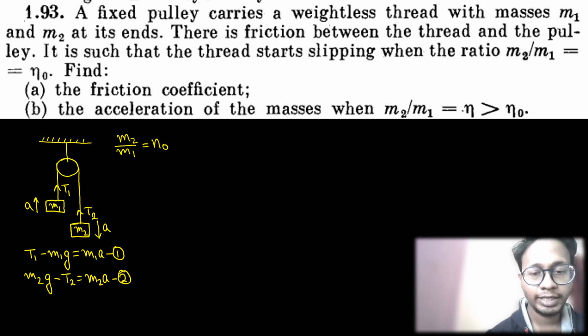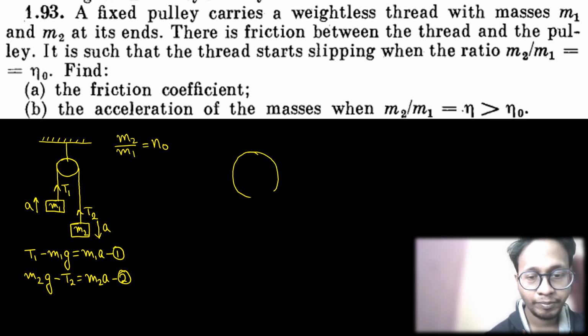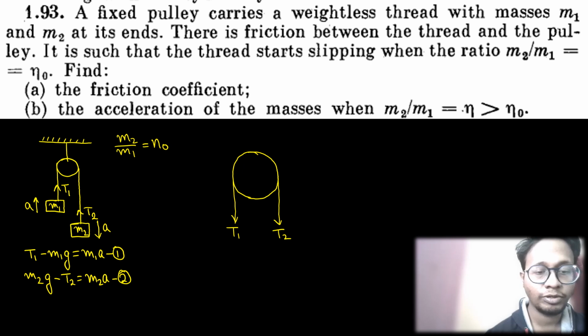Out here, if I see this block, this side is T1, this side is T2. If I see the pulley out here, sorry, not block, pulley, the friction force is acting in this direction. If the rope is slipping in this direction, friction will always oppose the direction of motion.